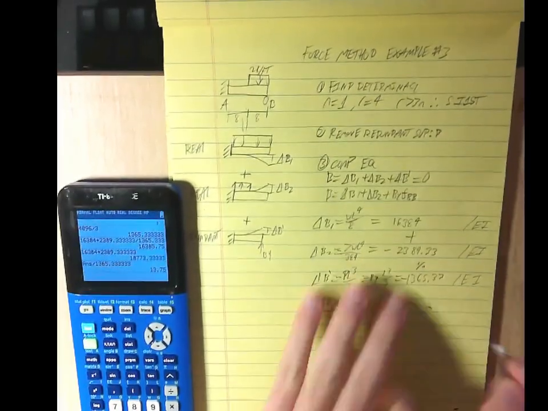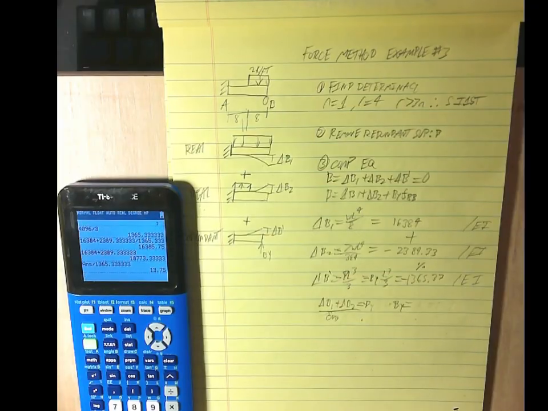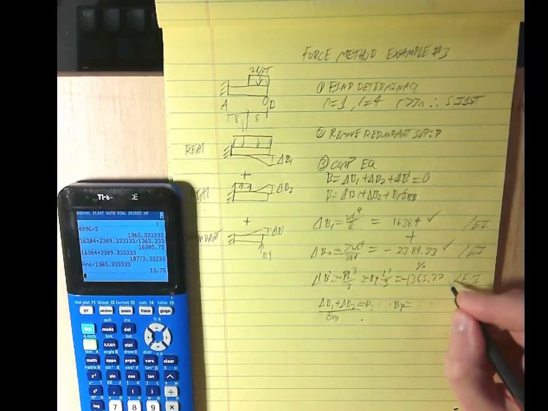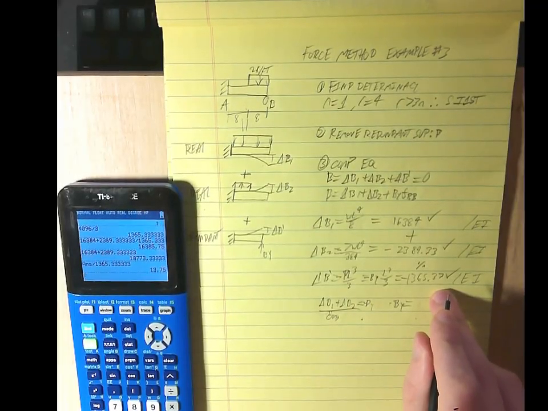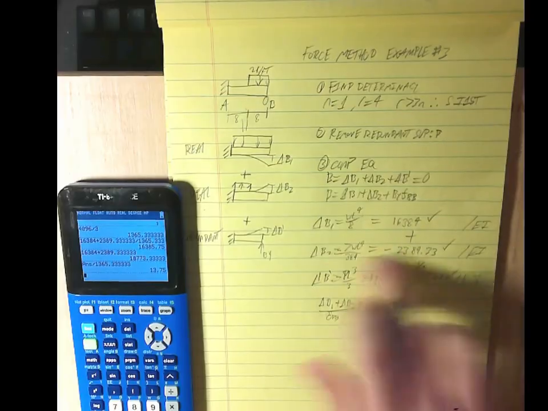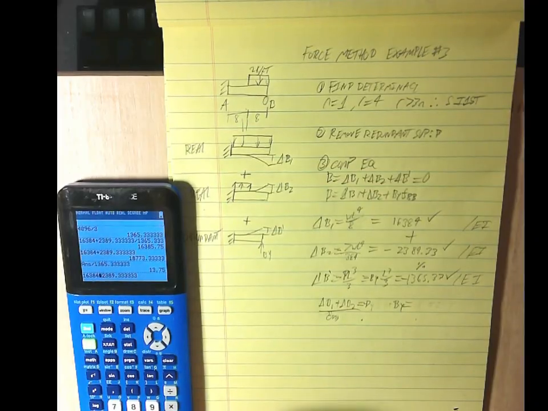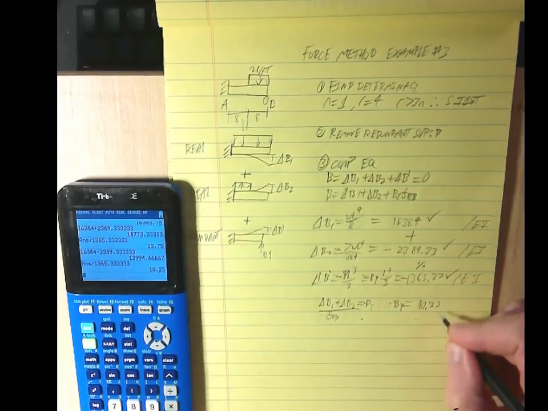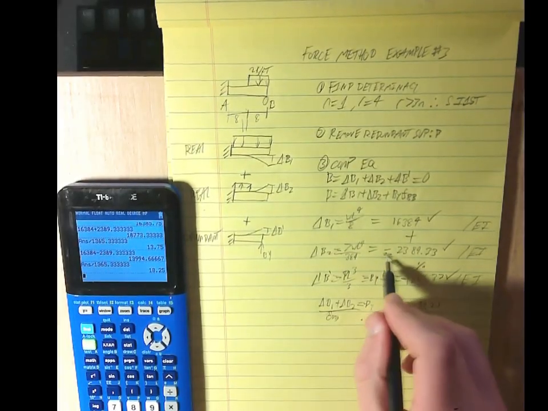Okay, something's a little bit wrong here. That's good. Oh, plus a negative. That's all. 10.25. Simple mistake. Just forgot about that.